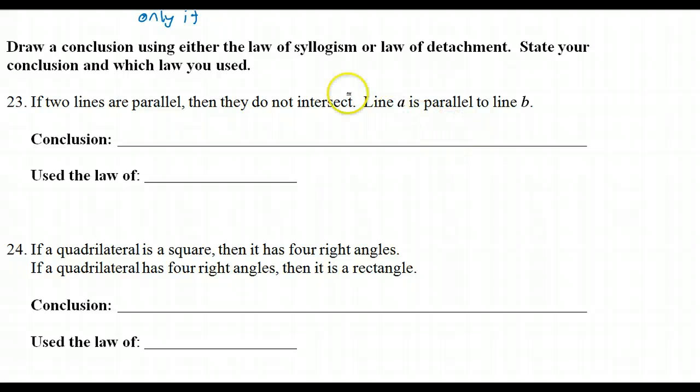Draw a conclusion using either the law of syllogism, which is the chain rule, or the law of detachment. State which one you used.